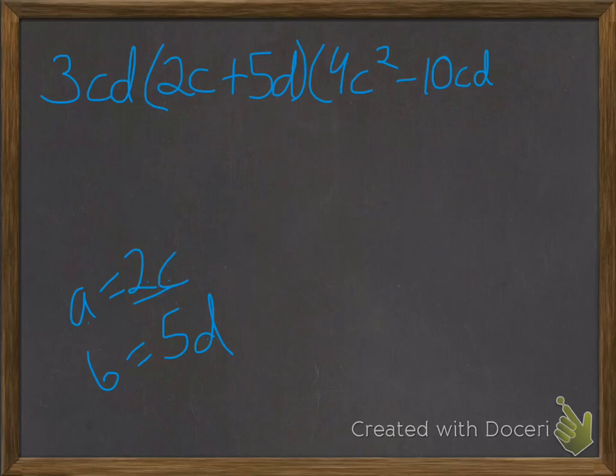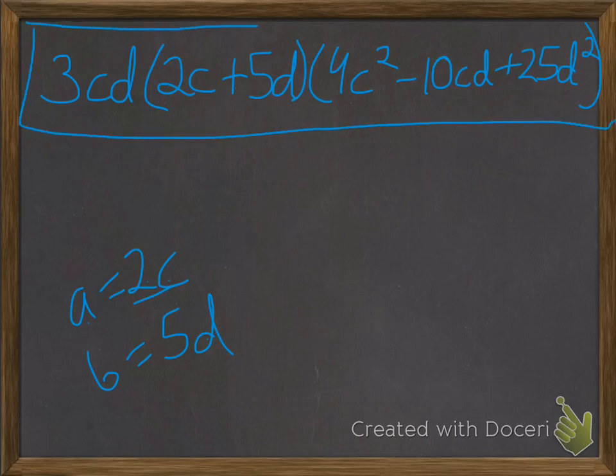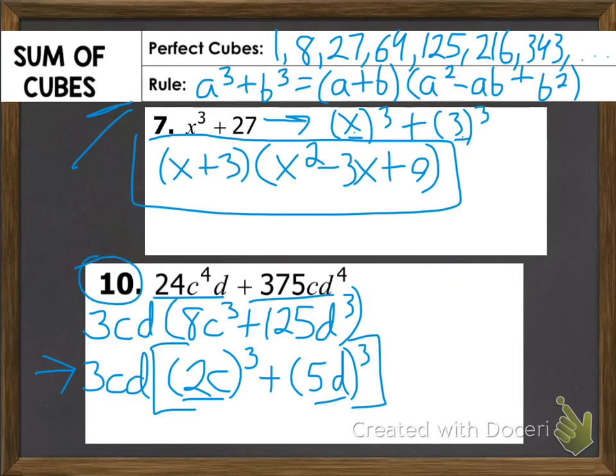And then lastly, we need b squared, so 5d squared, and that would be 25d squared. And then this big guy right here is your answer, your final answer to number 10.